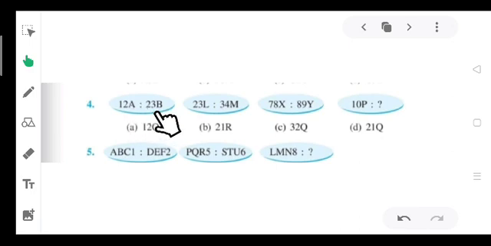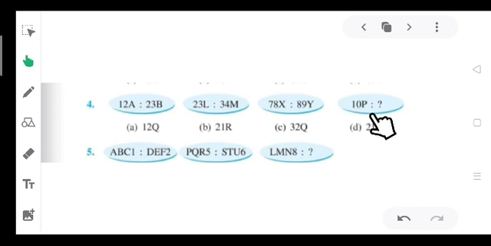A, B. Again in a forward counting way we can solve it. So what have we found out? The number and letter given, then we have to write their next number and letter. So here 2 becomes 3, 3, 4. Letter L, next letter M. Same in this. So now we will come to our question.